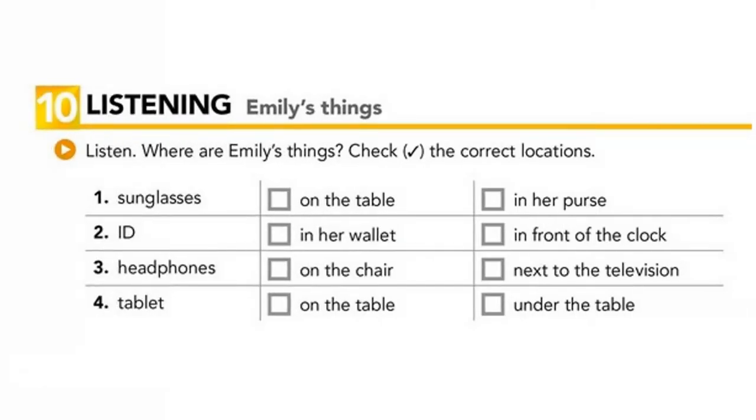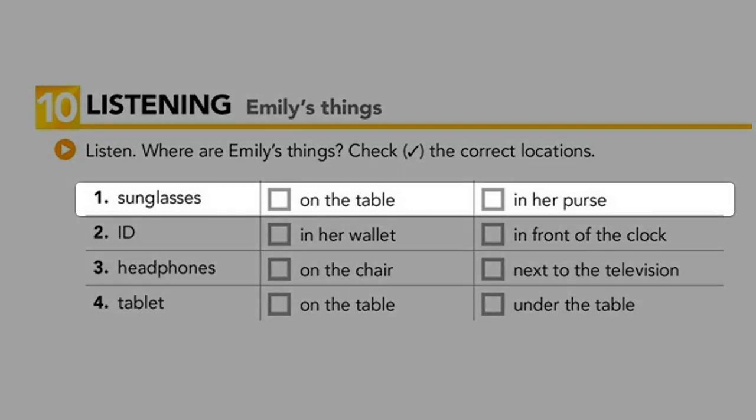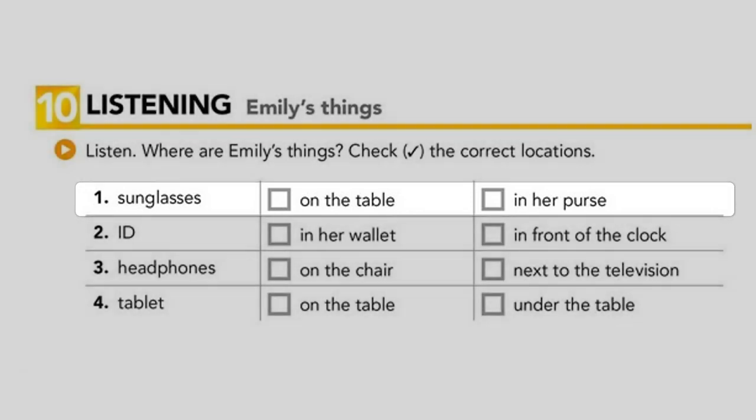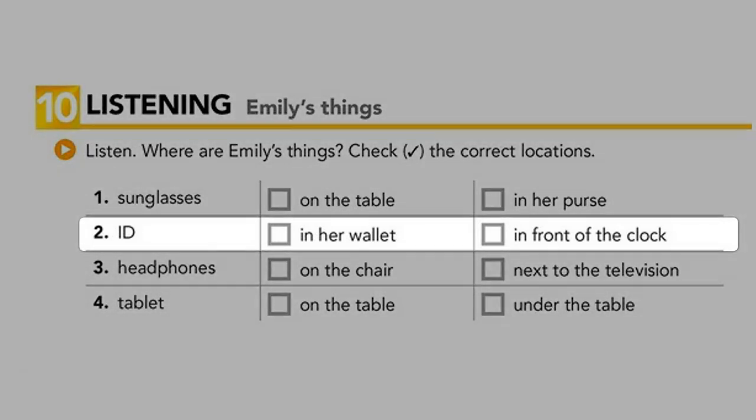Listen. Where are Emily's things? Check the correct locations. Where are my sunglasses? Are they on the table? No. Oh, here they are. In my purse. Now, where's my ID? It's not in my wallet. Where? There it is, in front of the clock. Oh, of course.